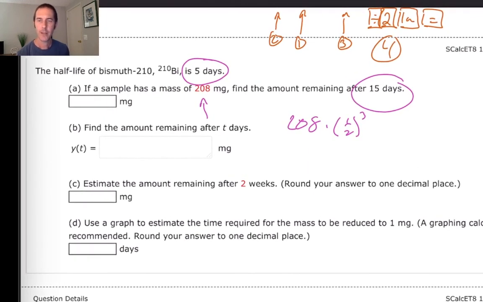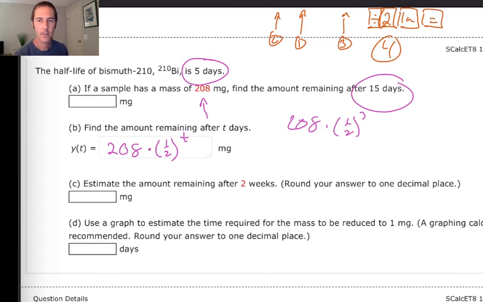Find the amount remaining after t days. We're definitely using a starting amount of 208 milligrams. We're definitely going to be multiplying by 1/2, but to what power? Is the answer t? Well, let's look at the number 5 for a time period.